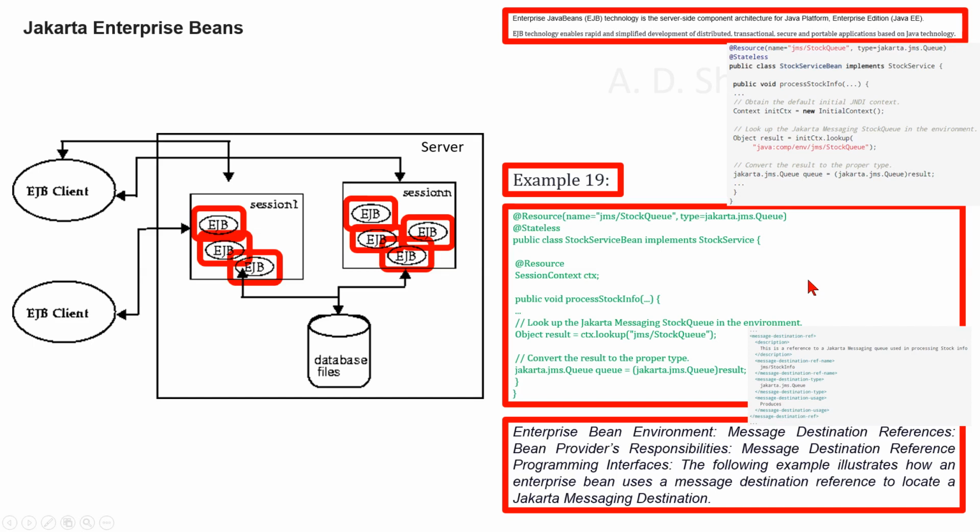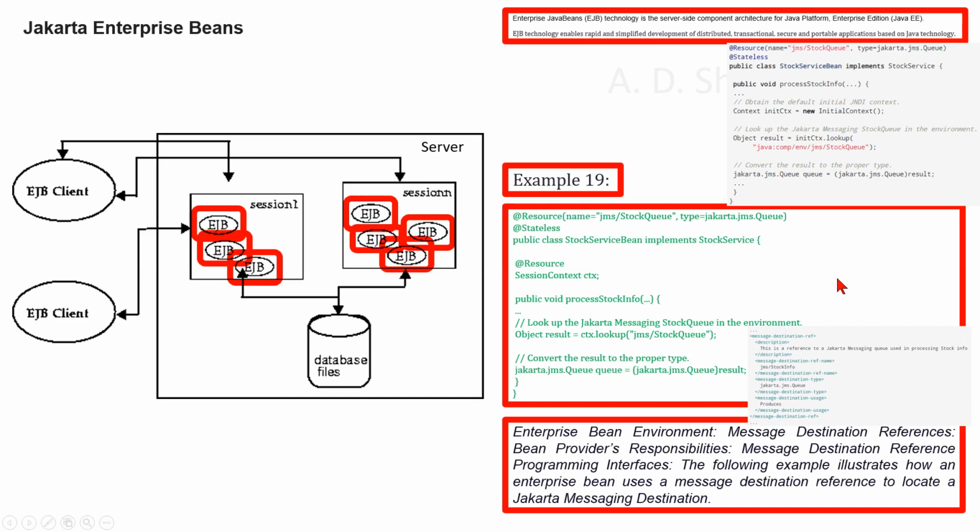Look up the destination in the enterprise bean's environment using the EJBContext lookup method or JNDI APIs. The following example illustrates how an enterprise bean uses message destination references to locate a Jakarta Messaging destination.